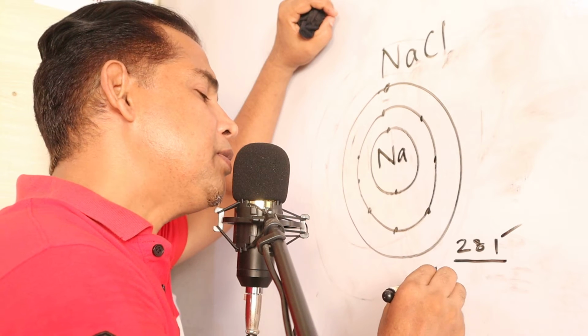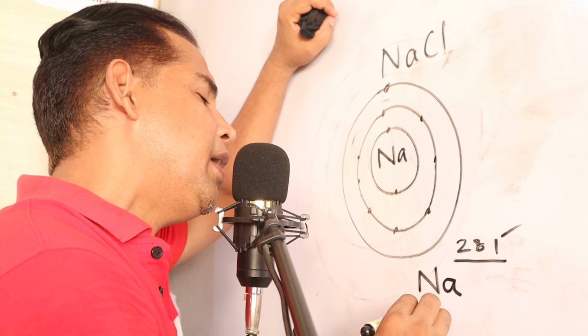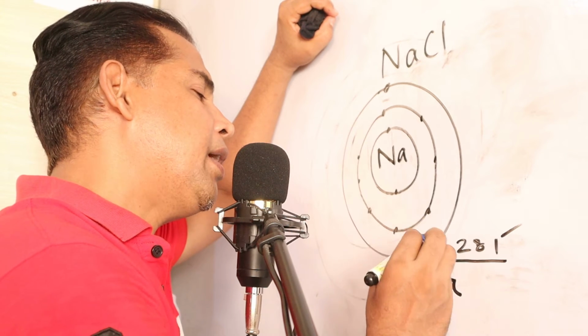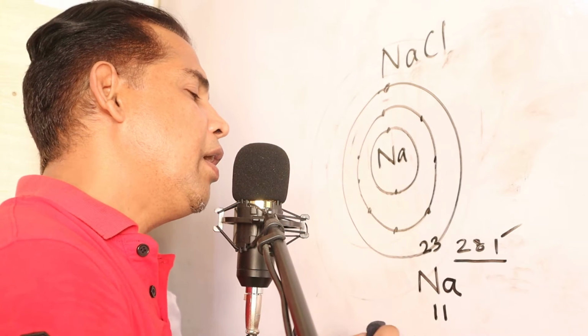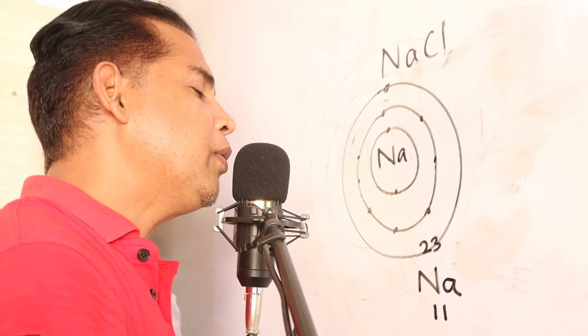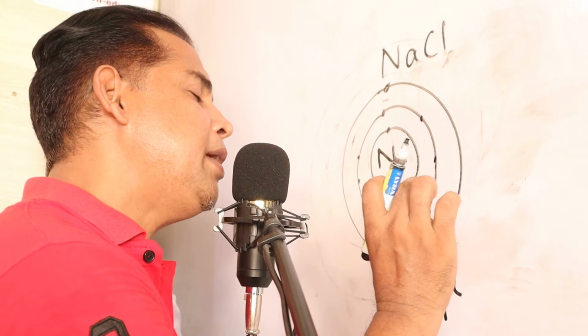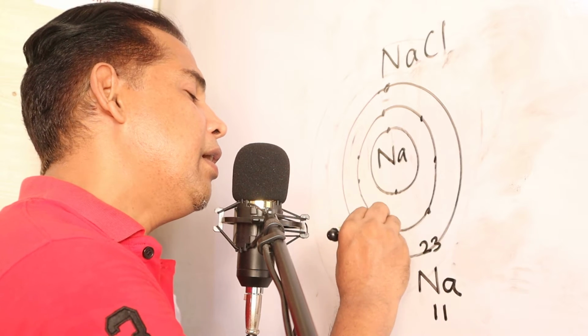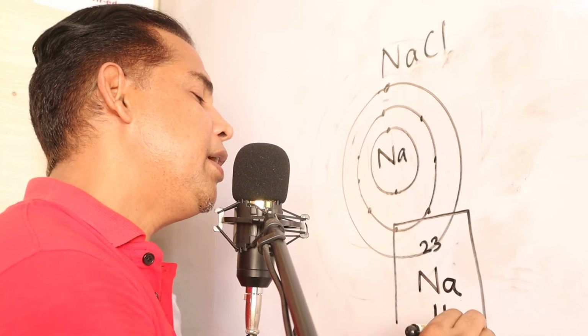In the periodic table, sodium is written with 11 downside and 23 upside, perhaps; I've forgotten. Why have I said that? The periodic table is the main reference of all nature, because in the periodic table the atom sodium is written.